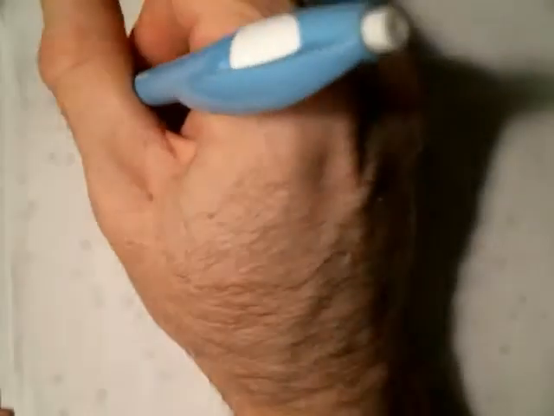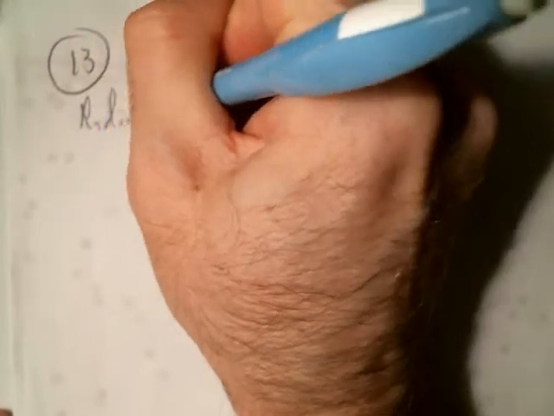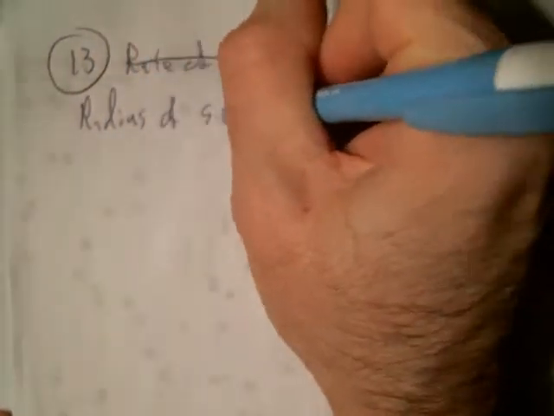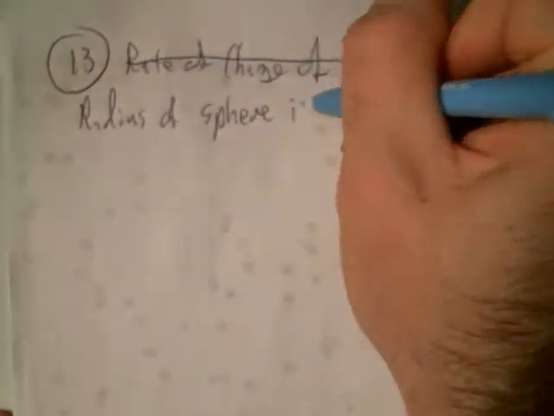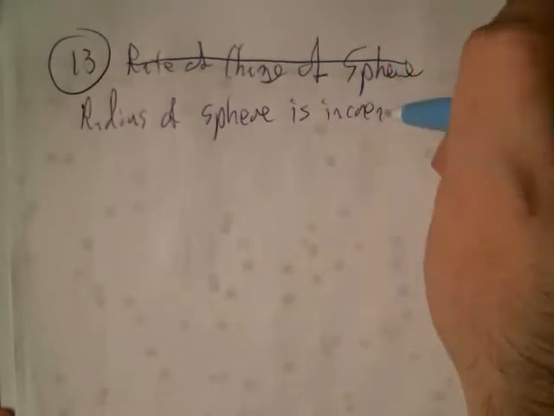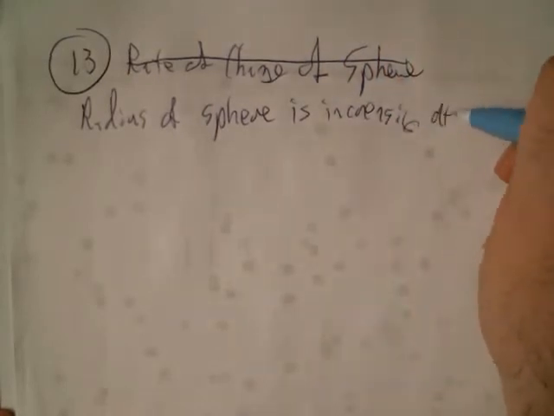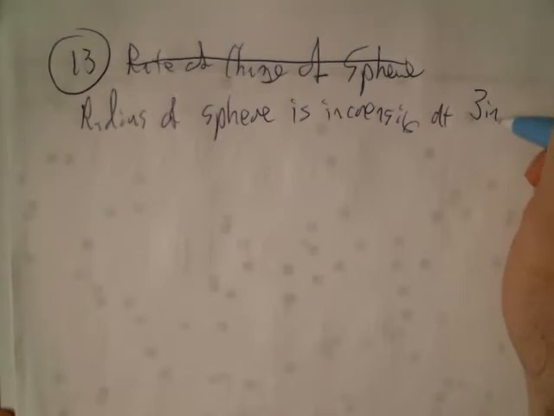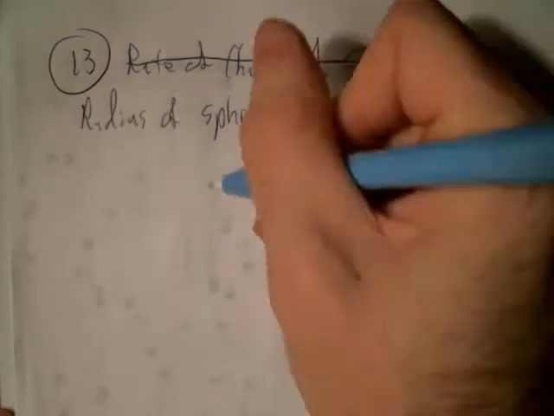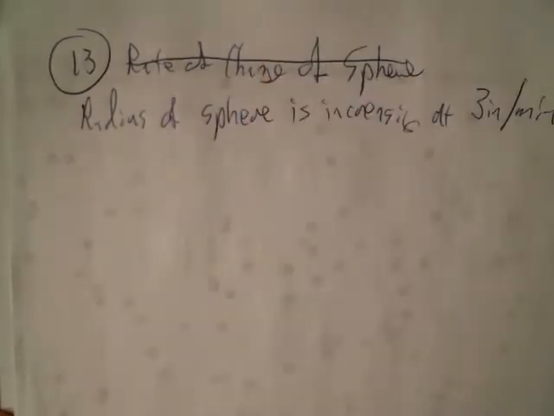So the radius of a sphere is increasing at 3 inches per minute. Okay. We want to find the rate of change of volume when the radius is 9.